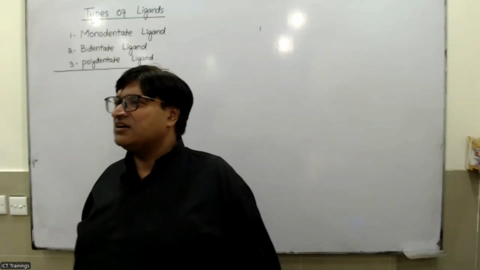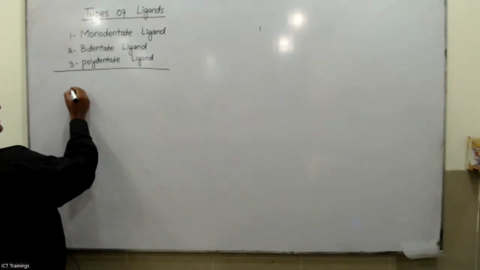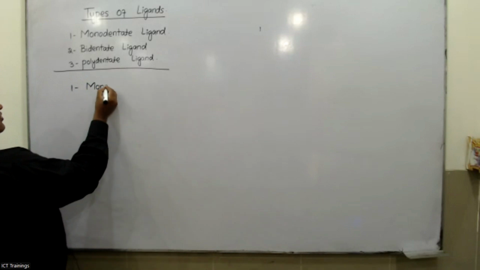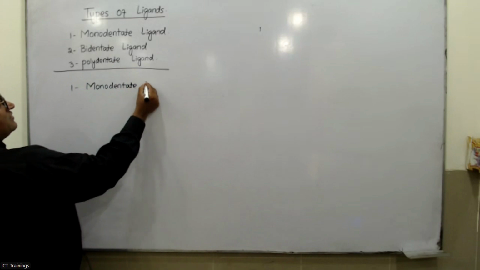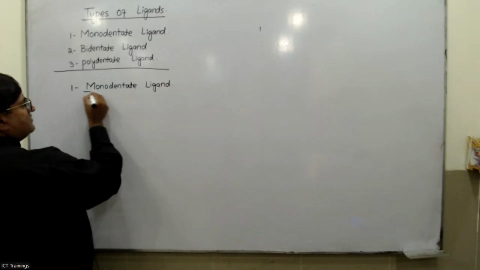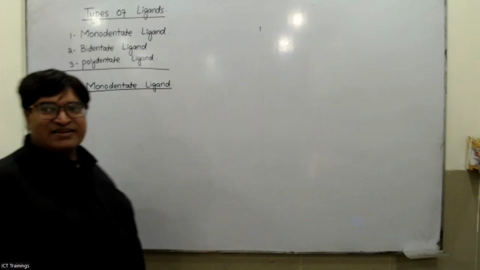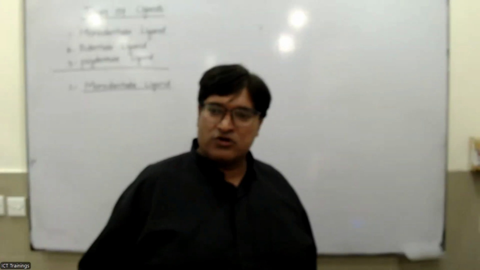So let's start first of all with the monodentate ligand. As the name indicates, mono means one and dentate means dative bond.